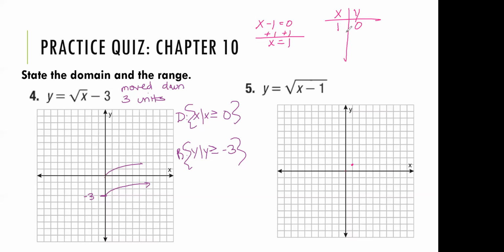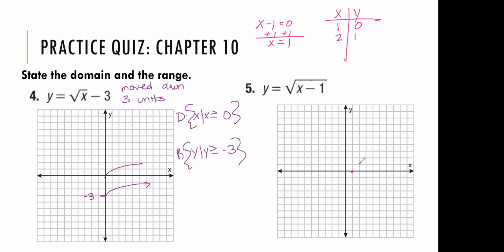If we wanted to plug in some values, I would plug in x is 2. Because 2 minus 1 is 1, and the square root of 1 is 1. So when x is 2, oh, I didn't graph this correctly. When x is 1, y is 0. Let me erase this here. So when x is 1, y is 0, so it'd be here.